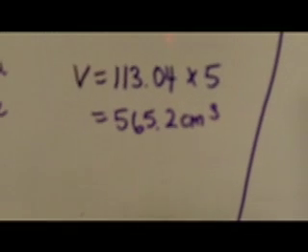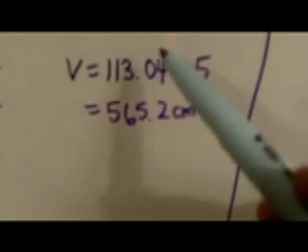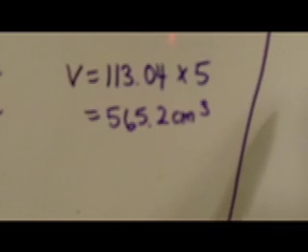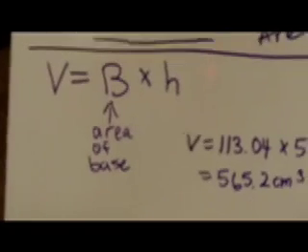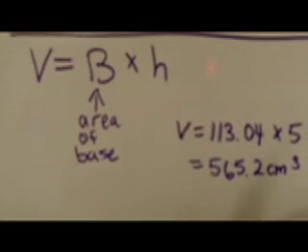Remember that volume is going to have those cubic units because we multiplied centimeters squared times regular centimeters. That's going to give us centimeters cubed. So again, to find the volume of a prism or cylinder, it's the area of the base times the height.